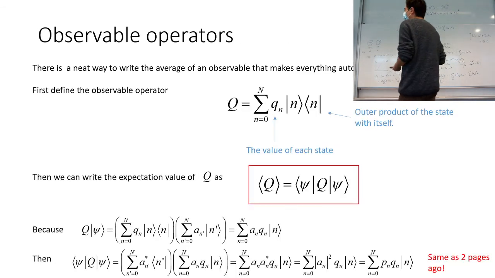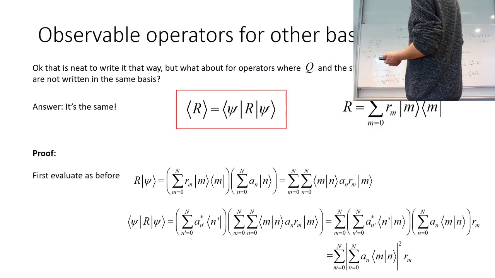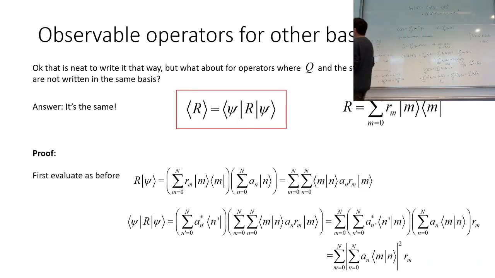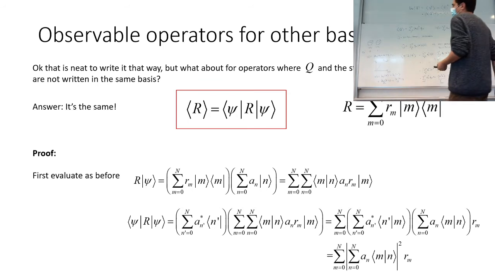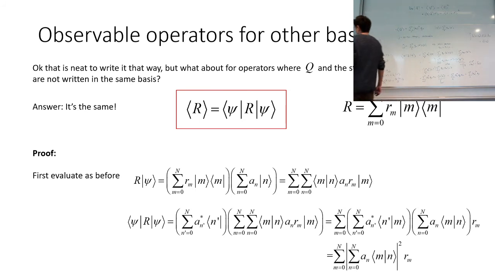or actually, another way to do it, and this is why this formula is kind of neat, is that we can simply stick it into that formula, and it still will give the right answer.